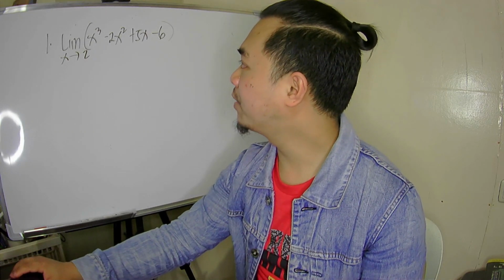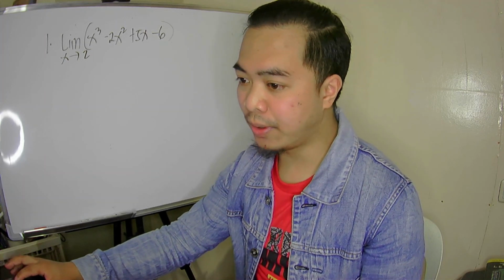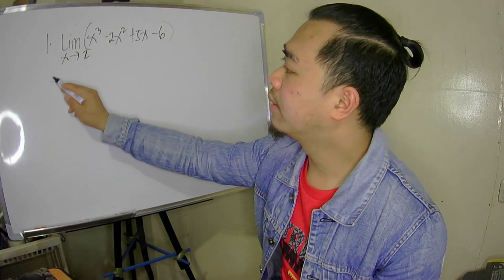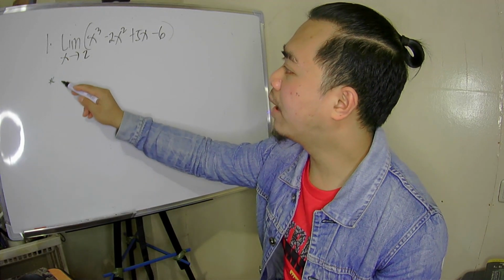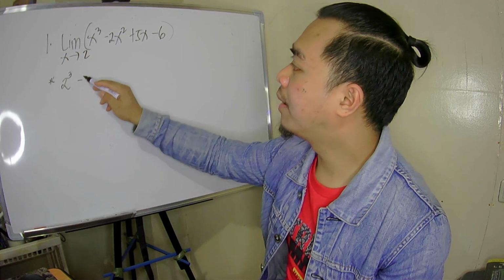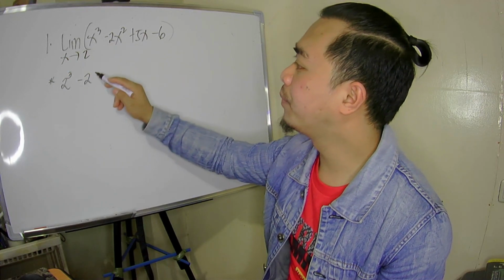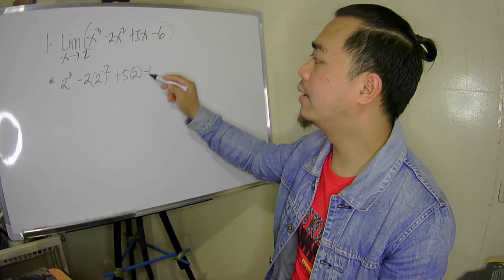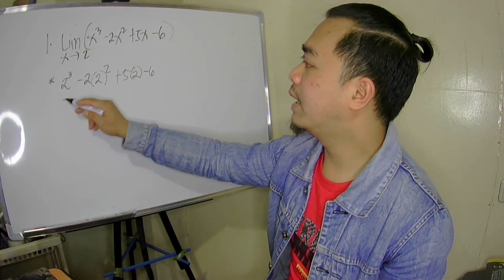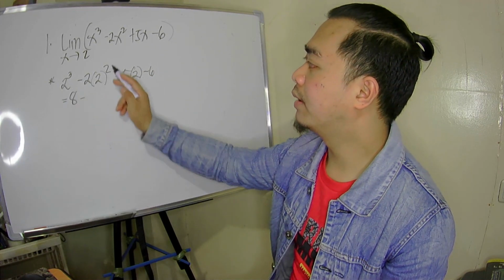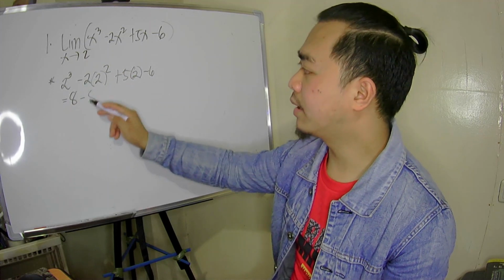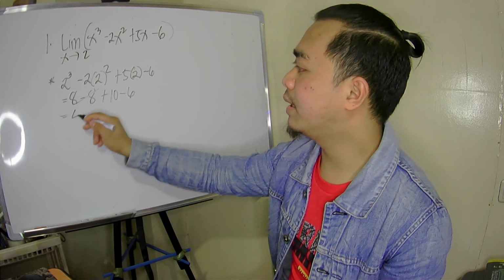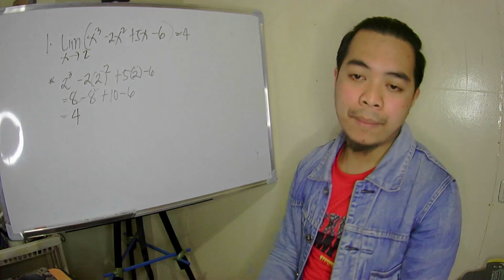Since it is a polynomial, we are sure that if we use substitution, the answer is the value of the limit. So let's solve 2 cubed minus 2 squared, substituting 2 plus 5 times 2 minus 6. Let's simplify: 8 minus 4 times 2, that is again 8, plus 10 minus 6. That gives 0, and 10 minus 6 is 4. So the answer here is positive 4.